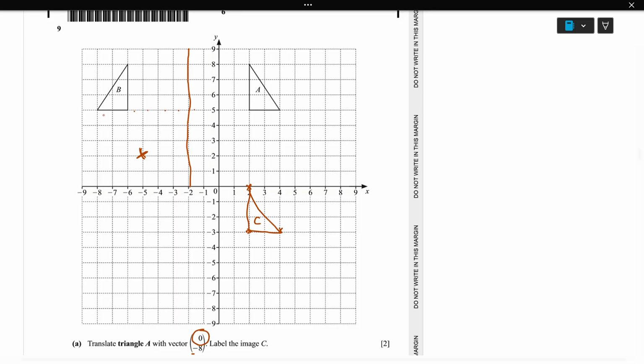So after a 90-degree rotation, the points will reach -3, 2. Here is one point, and -3, 4. Here is another point, then 0, 2, another point. So the figure will move to here.